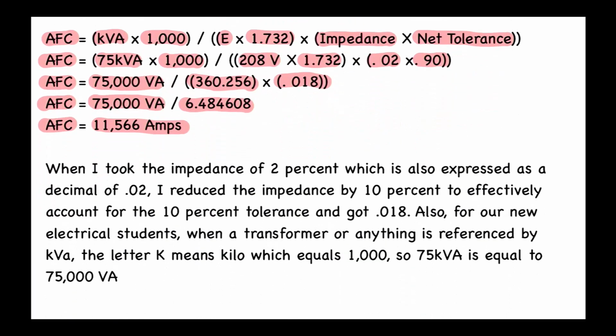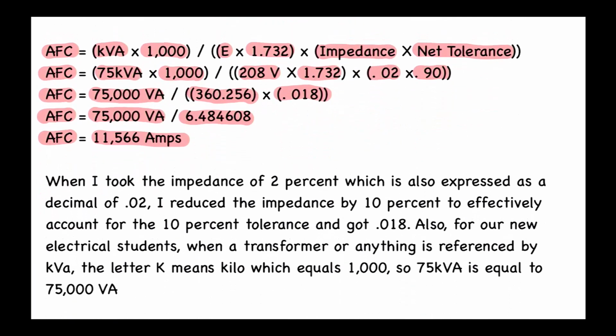So let's continue here. I've got some other things in our textbook that I'm going to read to you. When I took the impedance of 2%, which is also expressed as a decimal of 0.02, I reduced the impedance by 10% to effectively account for the 10% tolerance and got 0.018.